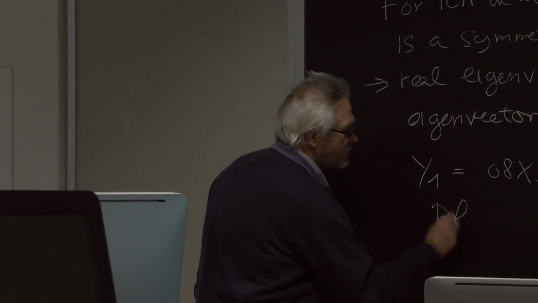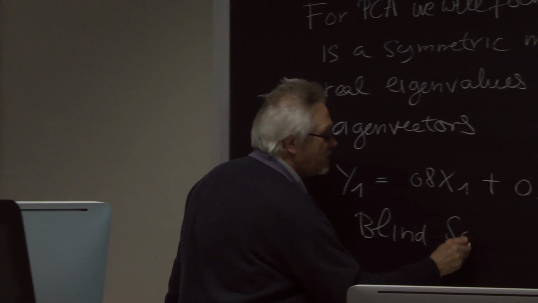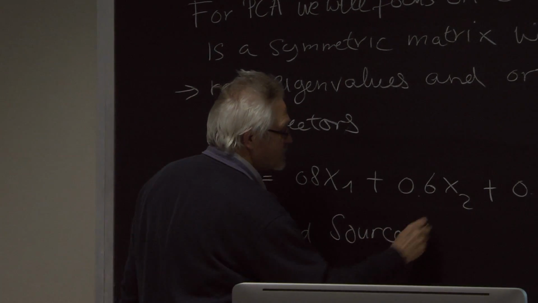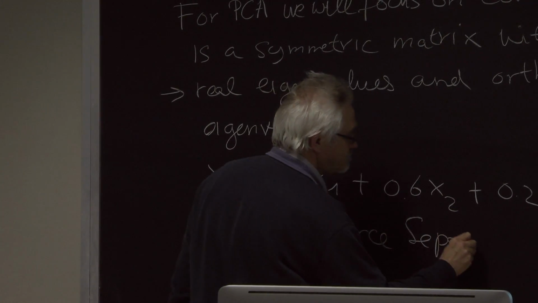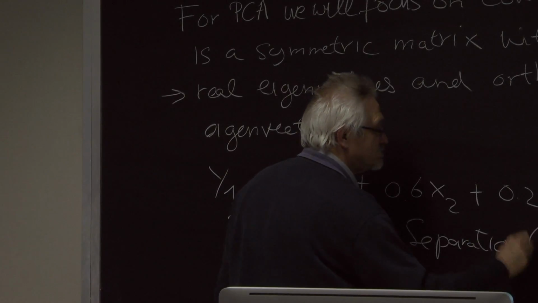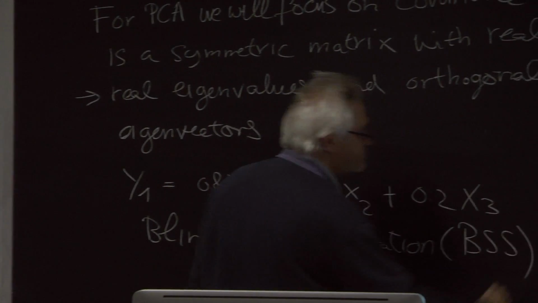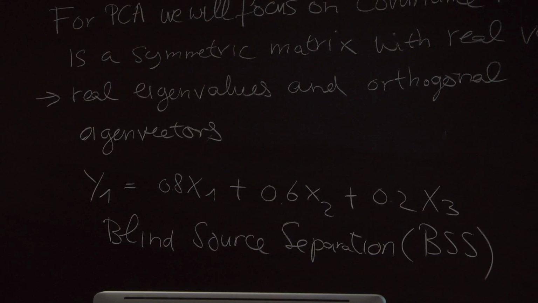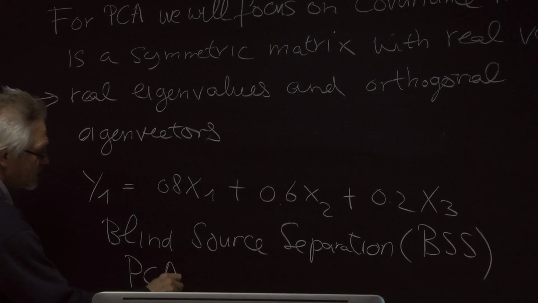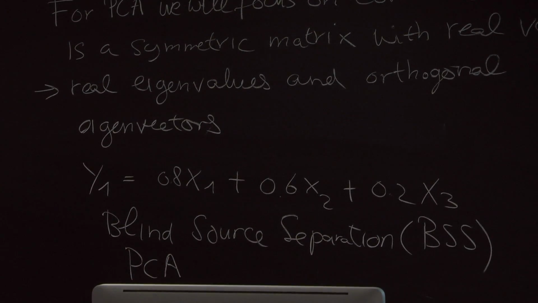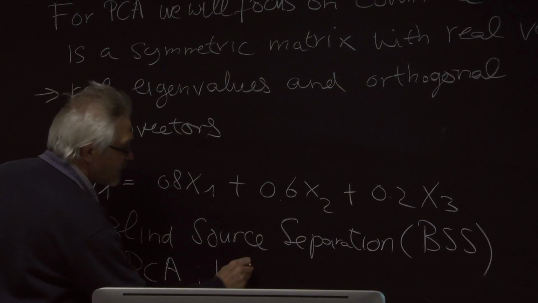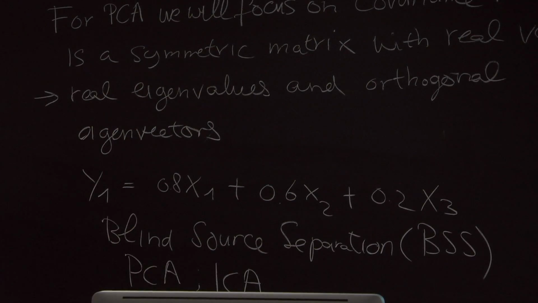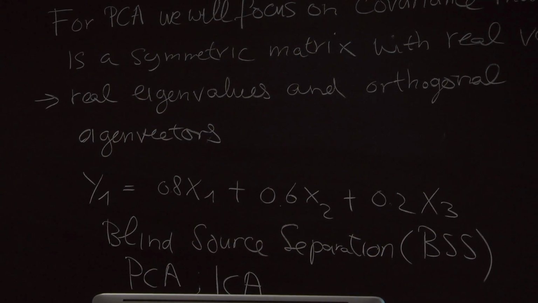In principle, this is called blind source separation, or BSS. PCA, principal component analysis, and also ICA, independent component analysis, are examples of such blind source separation.